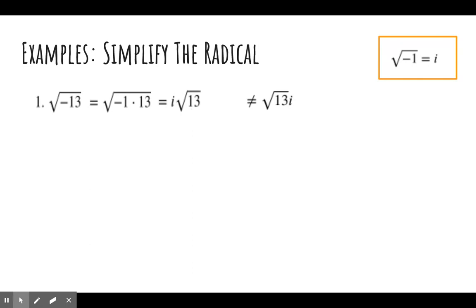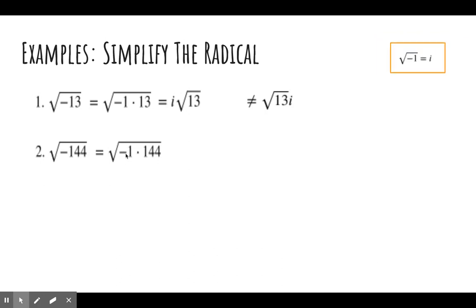Let's look at example number 2. Here we have the square root of -144. Again, let's rewrite this as the square root of -1 times 144. We know that the square root of -1 is an imaginary number, so i. The square root of 144, you should recognize as a perfect square.